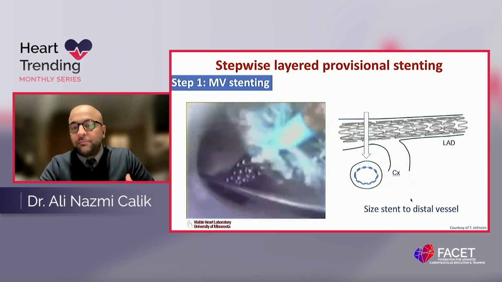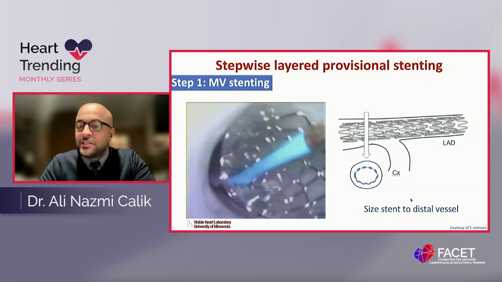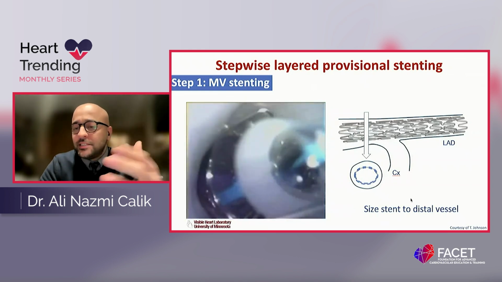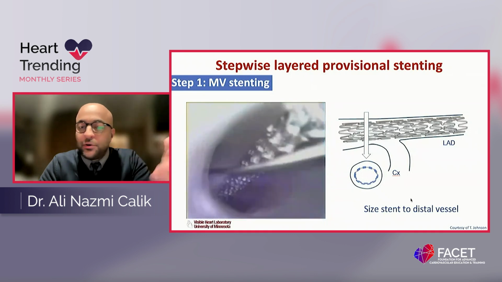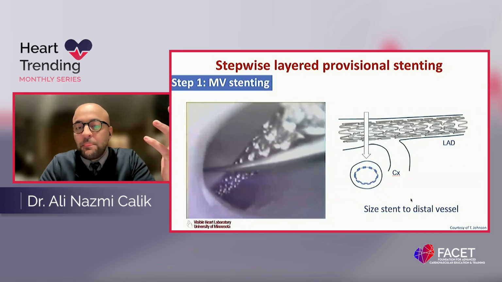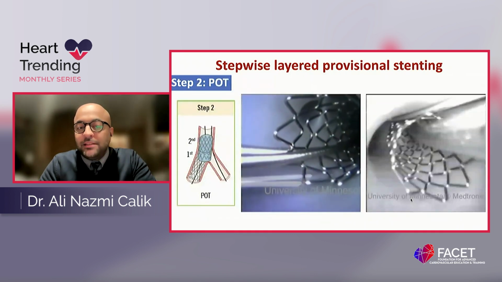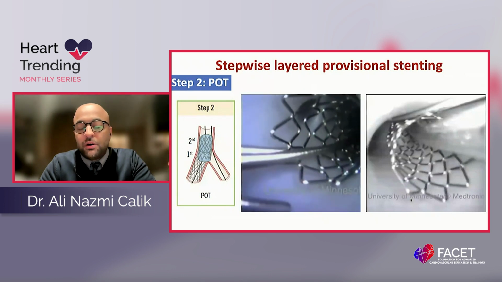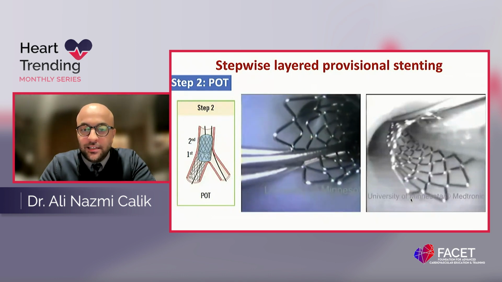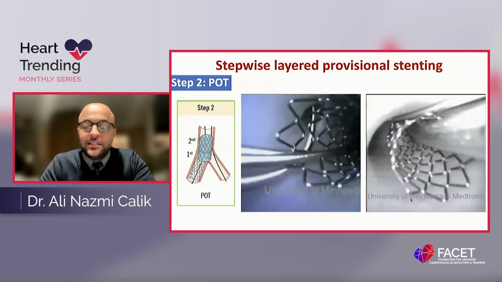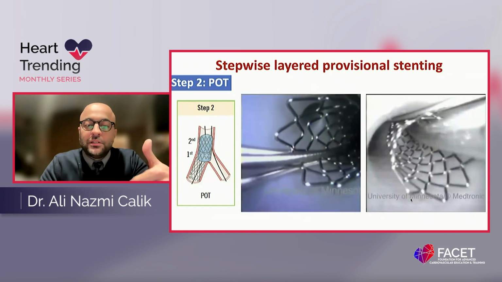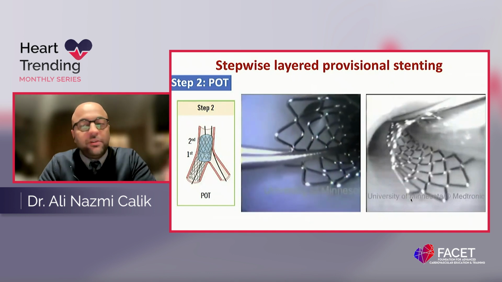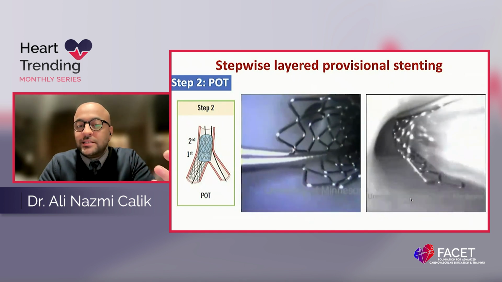Of course, the first step is putting the main vessel stent, which is sized according to the distal main vessel. And then the mandatory step is the proximal optimization technique, POT, with an NC balloon sized according to the proximal main vessel. What if we skip this step?